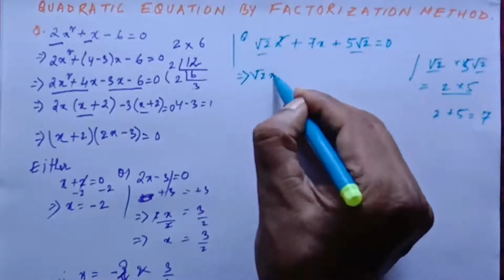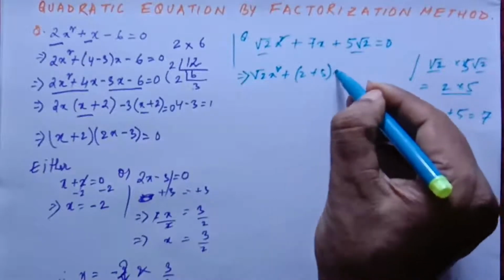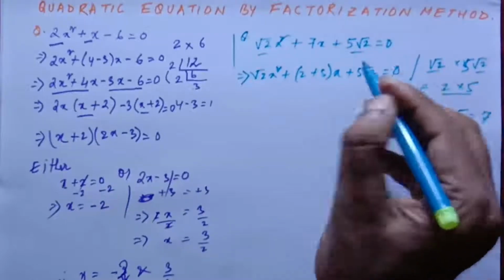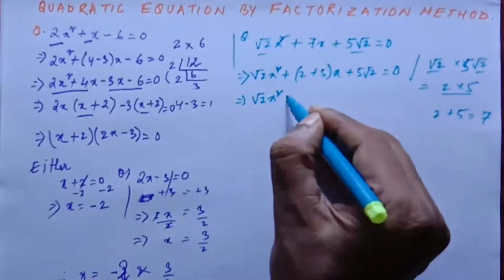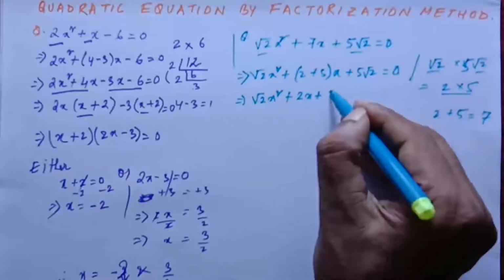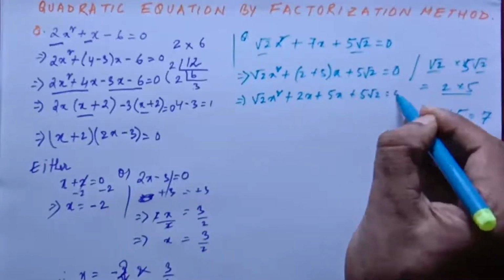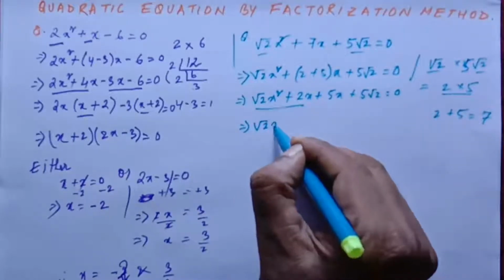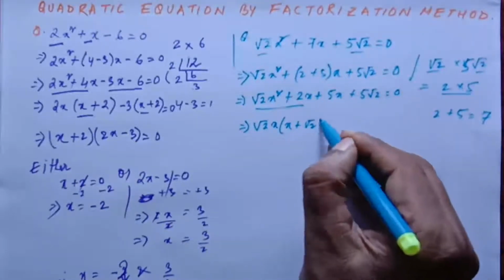Root 2 x square plus, within bracket, 2 plus 5, x plus 5 root 2 equal to 0. Let us open the bracket now: plus 2x plus 5x plus 5 root 2 equal to 0. From these two we can take root 2x common, root 2x within bracket x plus root 2.